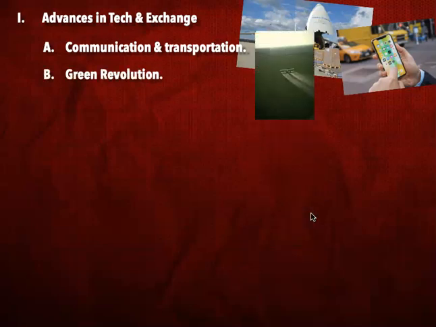Okay, Green Revolution. Again, AP Huggers, I could stand by and you could teach about this. The Green Revolution was when we had a series of scientific advances to agriculture, growing crops, and so the creation of chemical fertilizers, chemical pesticides, things like that.